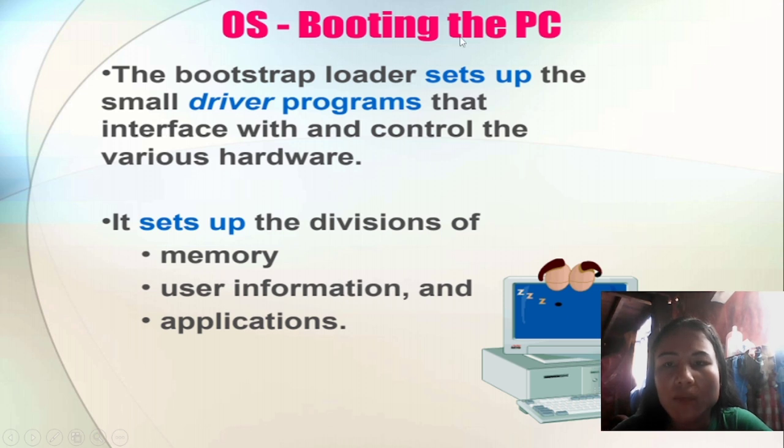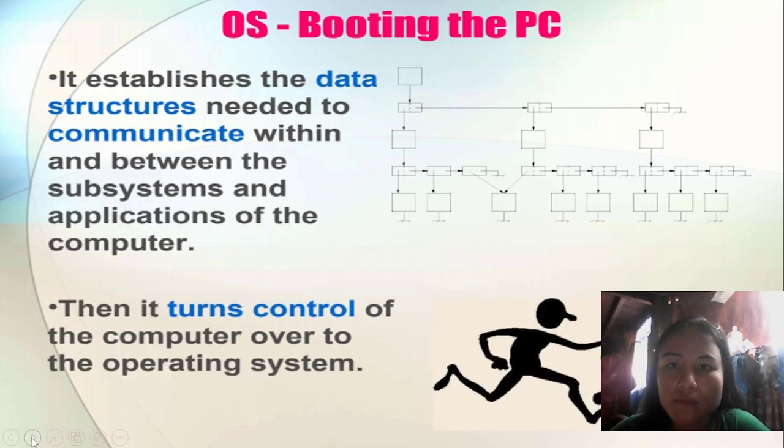Then booting the PC from the OS. The bootstrap loader sets up the small driver programs that interface with and control the various hardware, and it sets up the versions of memory, user information, and applications. So this is the example for the setup. It establishes the data structures needed to communicate within a bit and between the subsystems and applications of the computer.